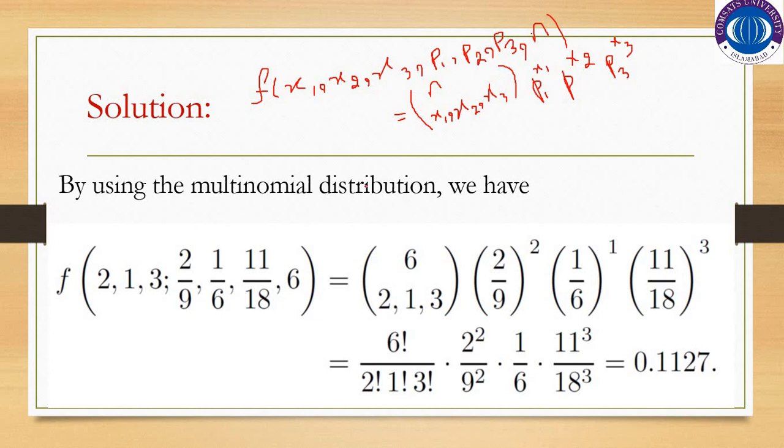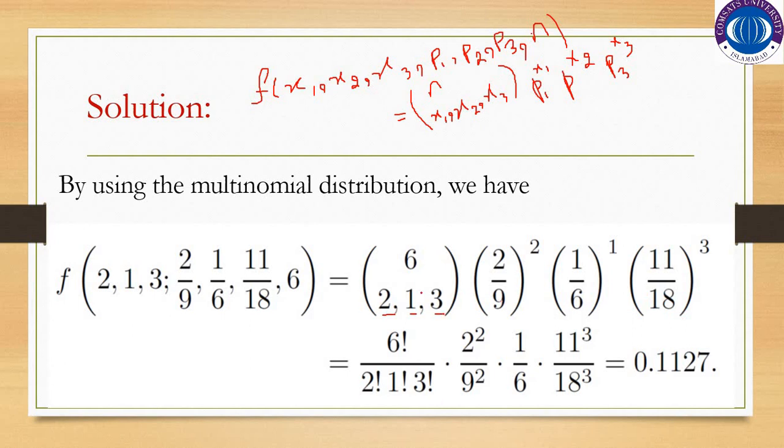As you can see from the previous slide, x1 is equal to 2, x2 is 1, and x3 is 3. P1 is 2 by 9, P2 is 1 by 6, P3 is 11 by 18, and n is equal to 6. Here we have to substitute n, so it is 6; 2, 1, 3. Accordingly, p1 is 2 by 9 raised to power x1, and x1 is 2. Then p2 raised to power x2, x2 is 1, and p3 raised to power x3, p3 is 11 by 18, and x3 is 3.